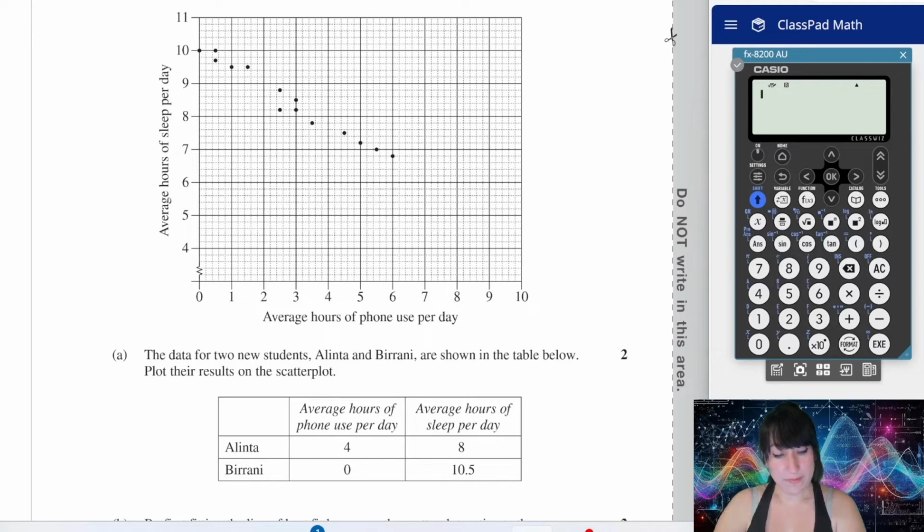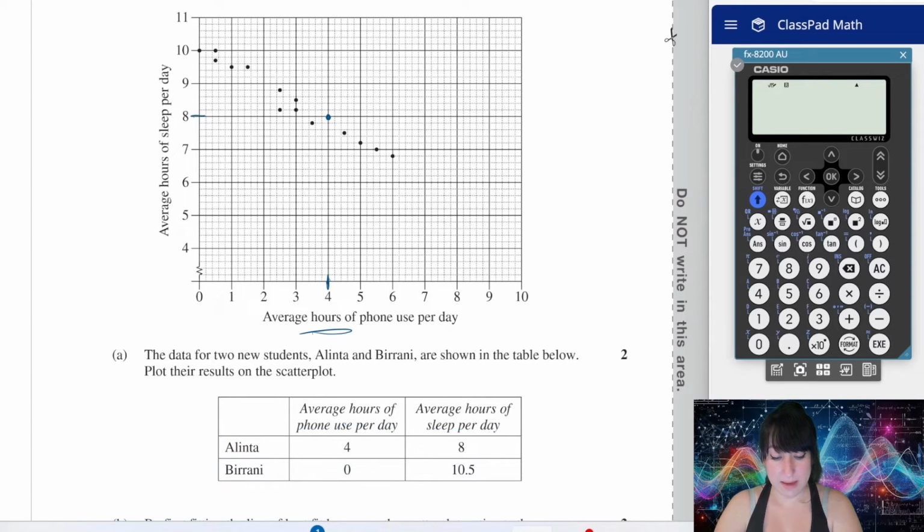So, let's look at Alenta. Her phone use was 4 hours on average per day, and she averaged 8 hours of sleep per day. So to plot that, we'll find 4 on the horizontal axis, which is the hours of phone use, and then we'll find 8 for the vertical axis, which is hours of sleep, and plot a point there at 4, 8.